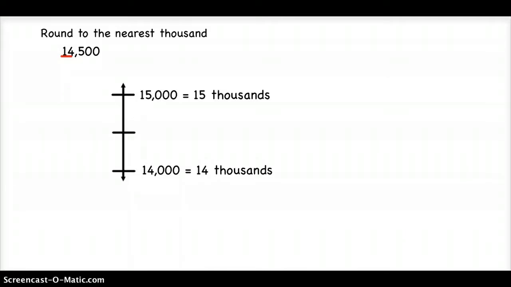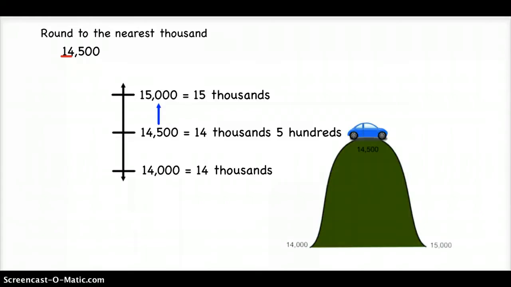The midpoint between 14,000 and 15,000 is 14,500. Now 14,500 is midway, but the way I look at it is, if you're on the top of a hill, you're already halfway there, you're just going to continue going to the next higher. 14,500 is going to round up to 15,000.